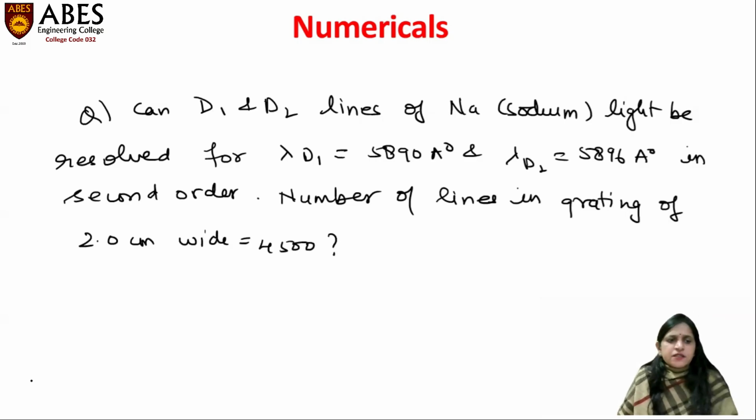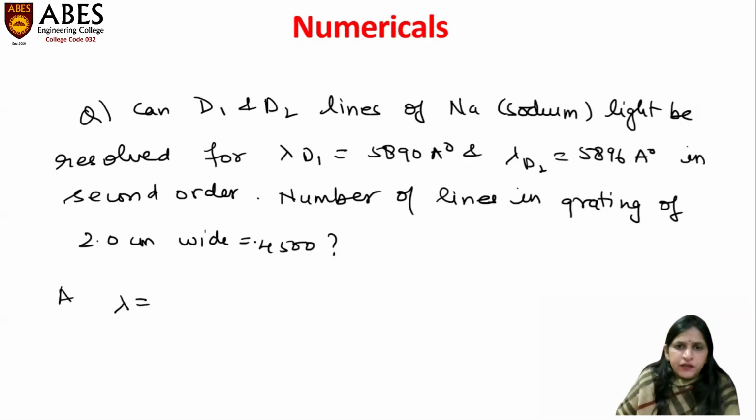Again, let us see how we are going to solve this numerical. Let us write down what is given in the question. There are two lambdas, D1 and D2. What lambda will we be calculating?